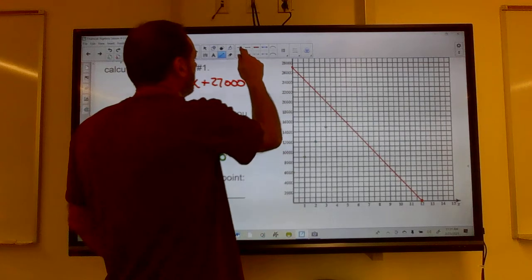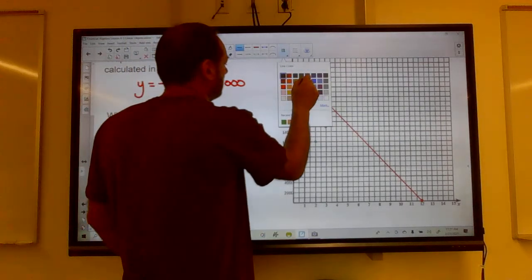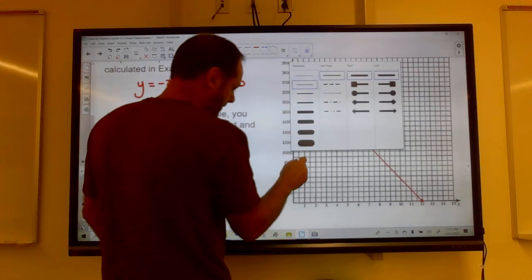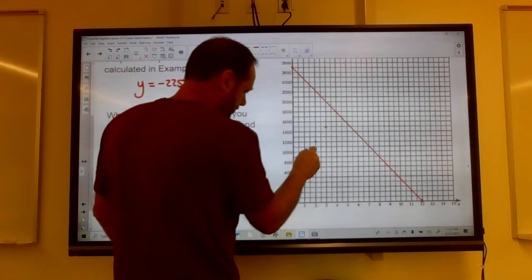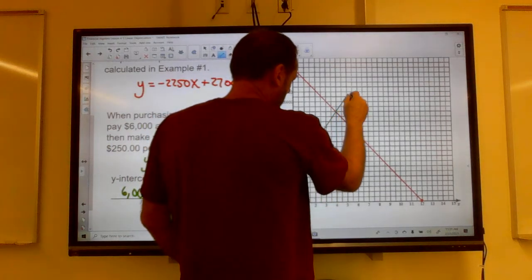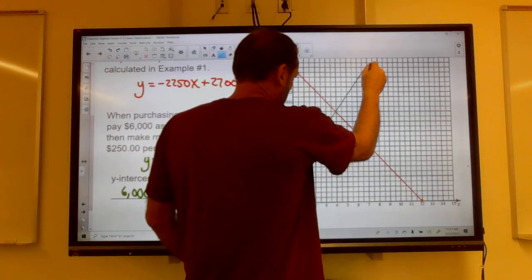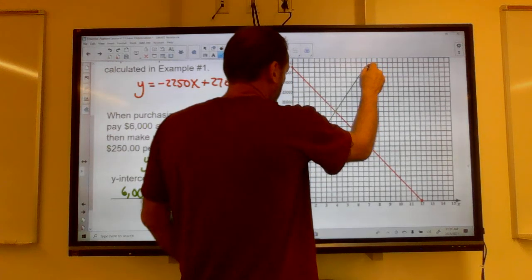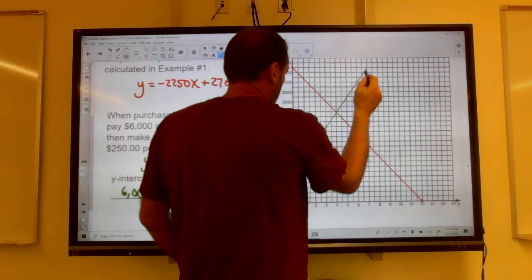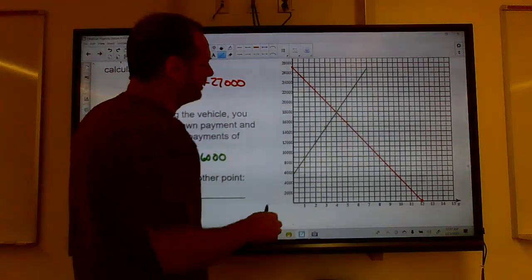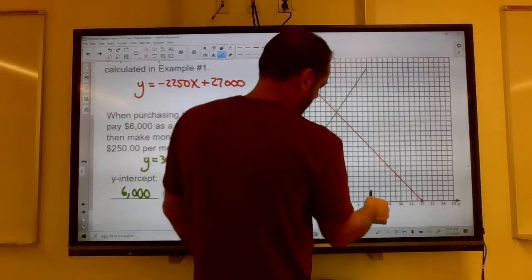So let's make a line. We'll make it green, and make it nice and thin here. This is what I paid for the car. All right, so if you look here, I'll have this thing paid off in 7 years.